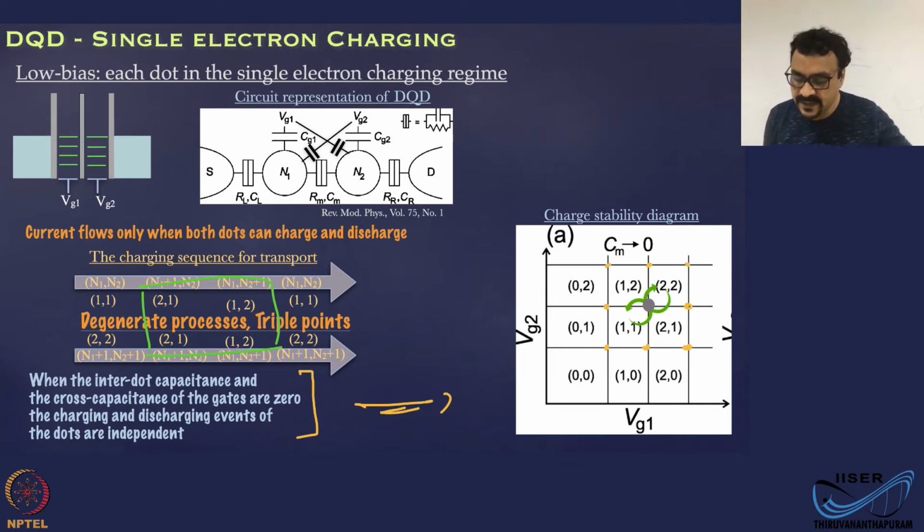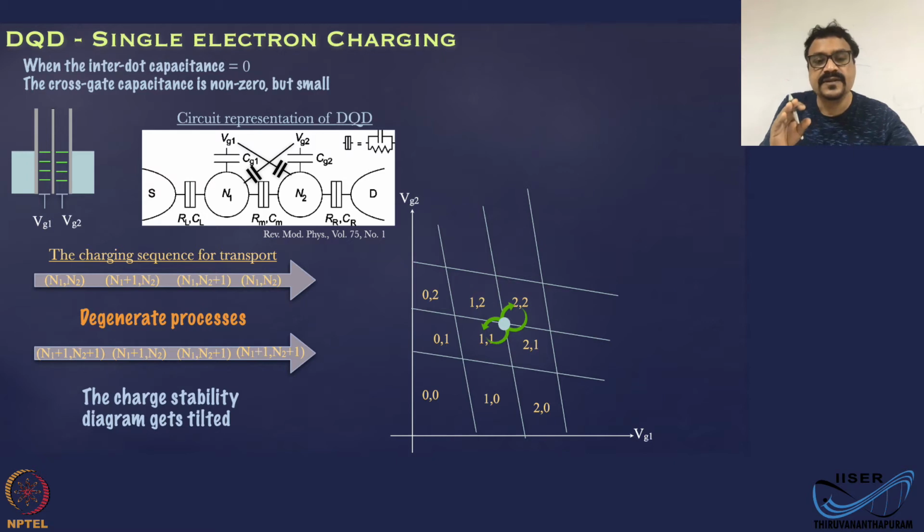Okay. Now let us go to the next situation where these capacitances, the cross capacitances, are not 0. We are still considering Cm is 0. The interdot capacitance is 0, but the cross gate capacitance is not 0, though it is small. What that means is varying the voltage on one of the dot gates is going to affect the other dot also.